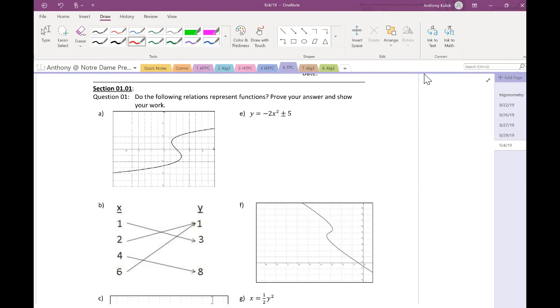So let's look at question 1. This comes from section 1. It just asks, do the following relations represent functions? And then it asks for some justification for that. So if I look at the graph for part A, does that graph represent a function?